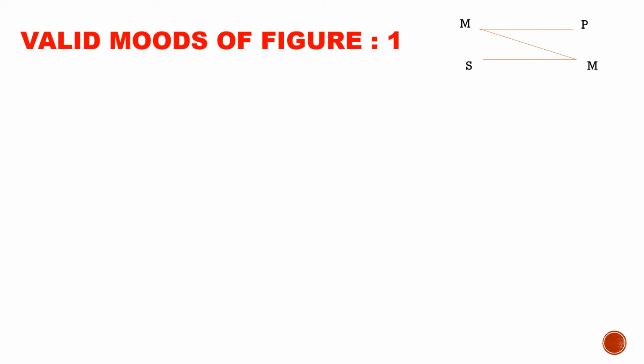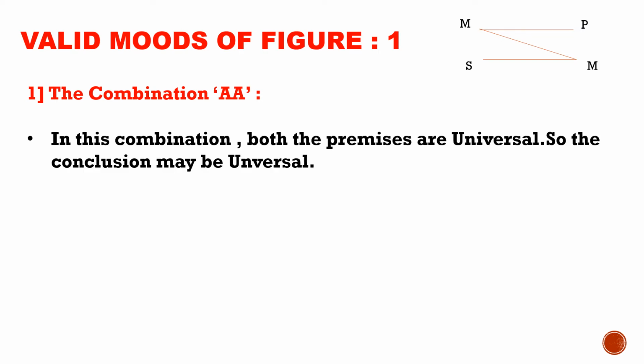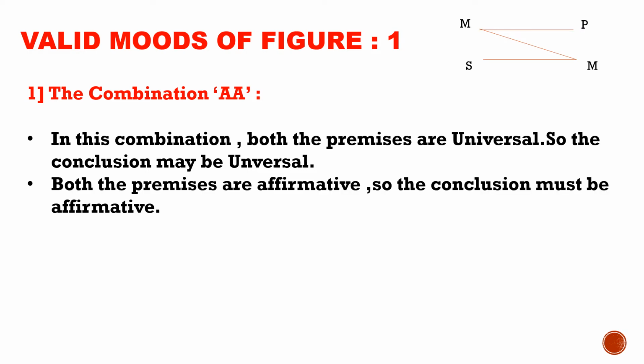Let us take the valid moods of figure 1, the combination of AA propositions. Now, here in this combination, both the premises are universal, so the possibility is there that the conclusion can be universal. Then both the premises are affirmative, so the conclusion must be affirmative. This is rule 3 of quality in syllogism: if both the premises are affirmative, then the conclusion must be affirmative.